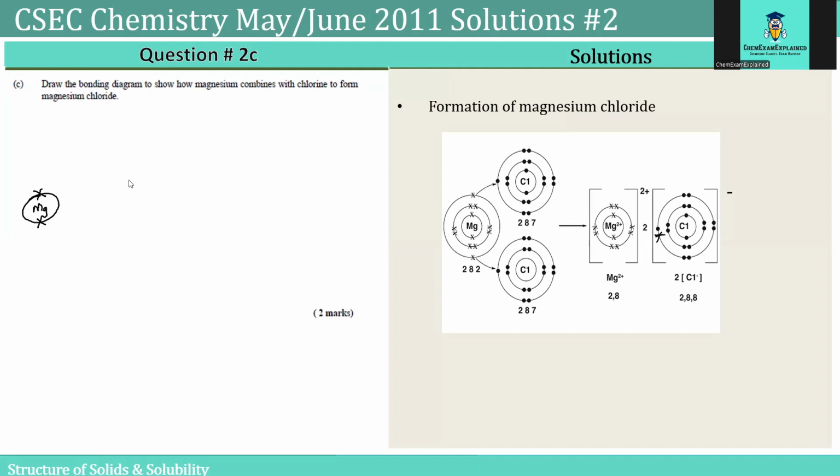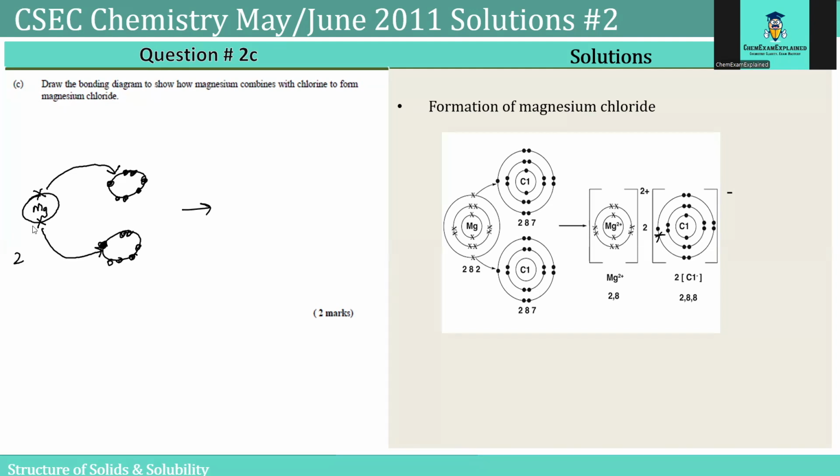Now I need 2 chlorine atoms, each containing 7 electrons on its valence shell. In order for magnesium to become stable, it must lose its 2 valence electrons. So one will go to one of the chlorine atoms and the other to the other chlorine atom.